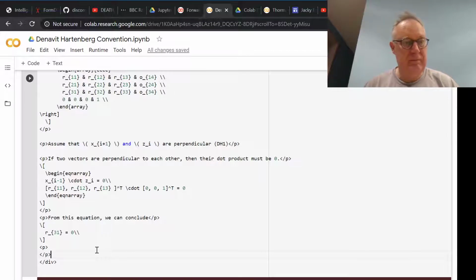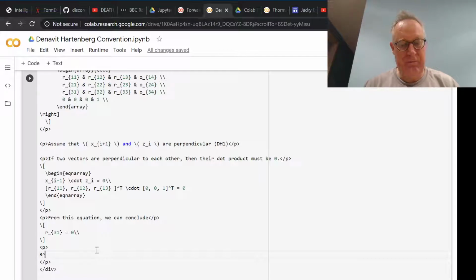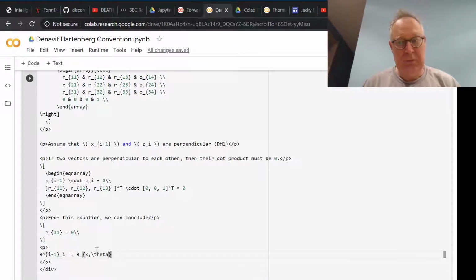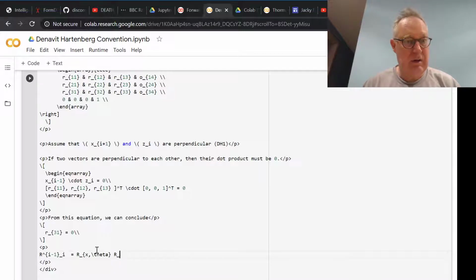Also, the rotation matrix from i minus 1 to i can be broken down as a rotation around z by angle theta and a rotation around x by alpha.